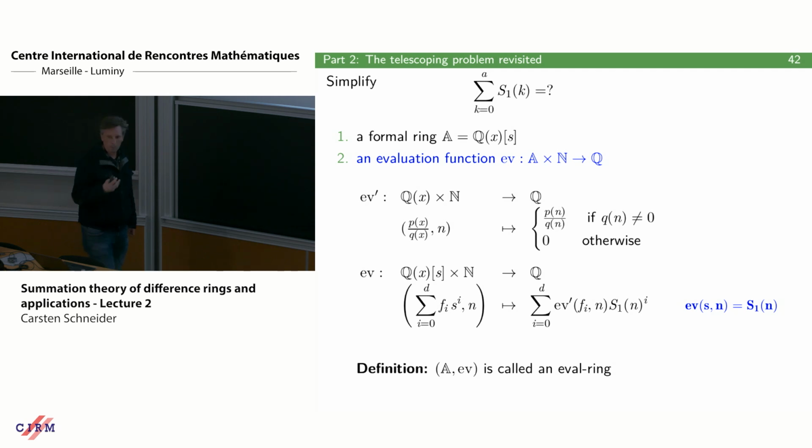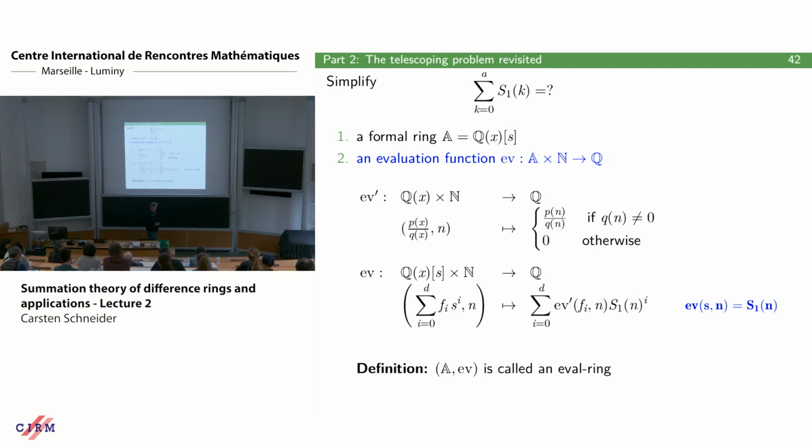The variable s will be evaluated as the harmonic numbers, and if it's raised to a power i, then I take this value to the power i. I call this now an eval ring, not an evaluation ring. Unfortunately, this notion is already used in maths. This would be the most natural setting, so I dare to say it now: eval ring. Good.